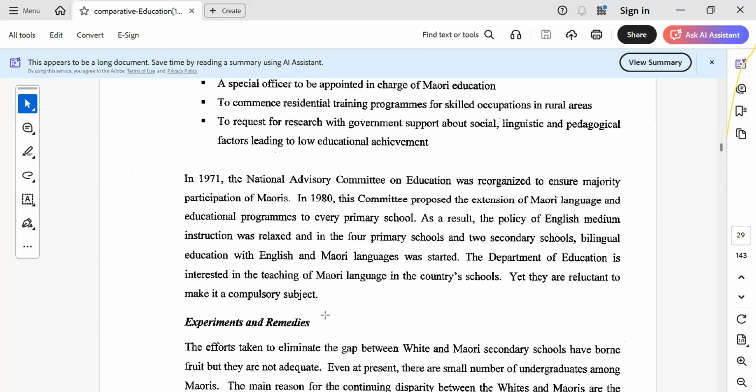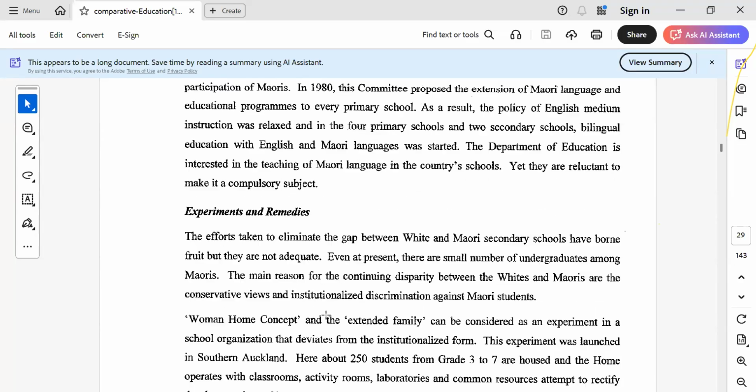So the Department of Education is interested in the teaching of Maori language in the country schools, but yet they are reluctant to make it a compulsory subject, right? So that discrimination is there.